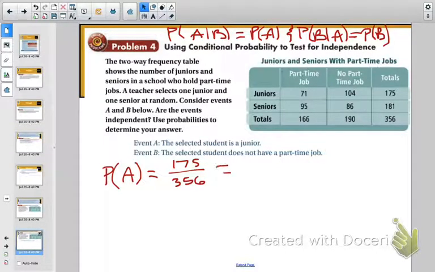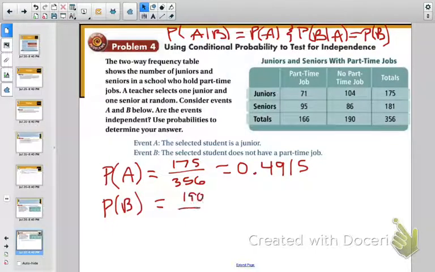Okay, and that simplifies to 0.4915, and then it keeps going on, but I just cut it off there. Let's look at the probability of B, which is the selected student does not have a part-time job. So no part-time job would be 190 out of 356, which comes out to be 0.5337.